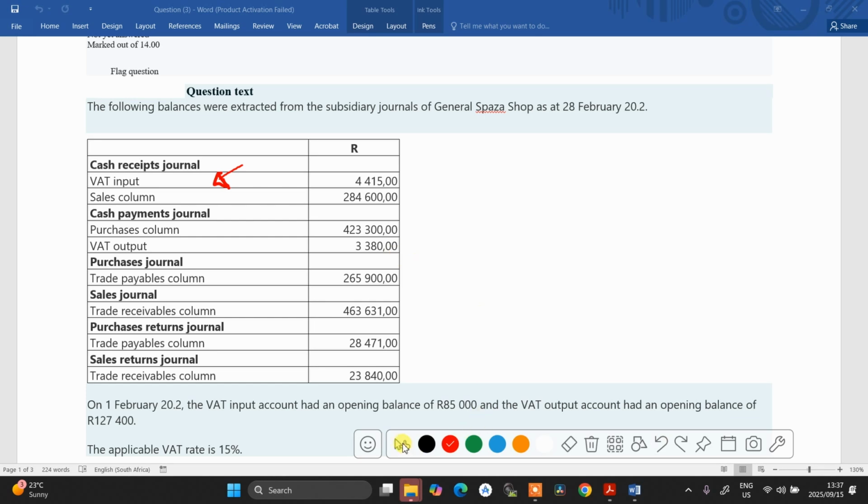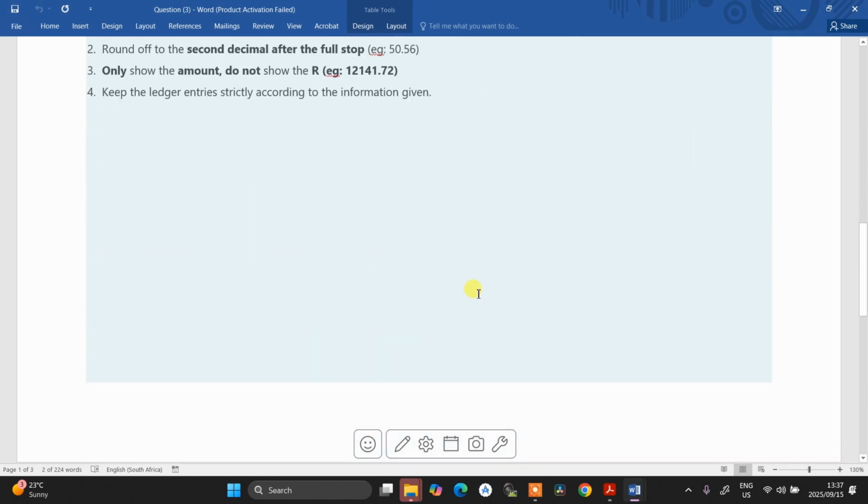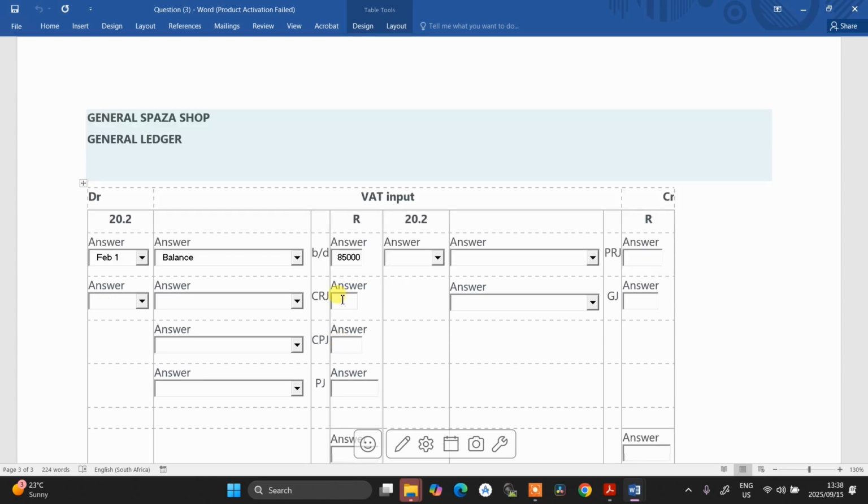So I'm supposed to copy this total amount. This money was supposed to come from our trade receivables, so that's important. Let's go back to our table, and then we are going to write the total amount here. We are going to write 4415.